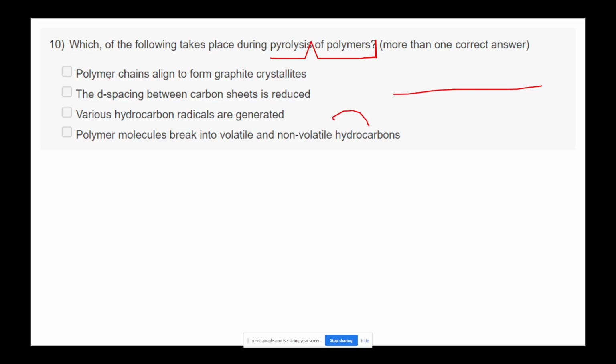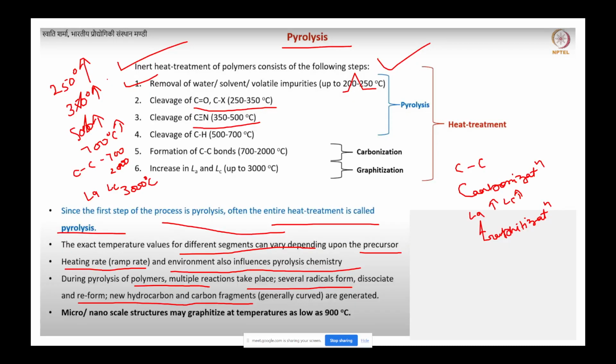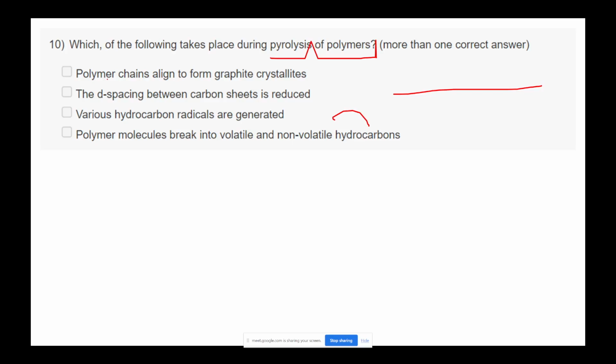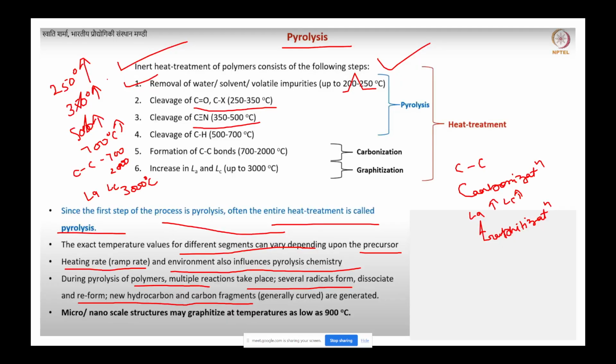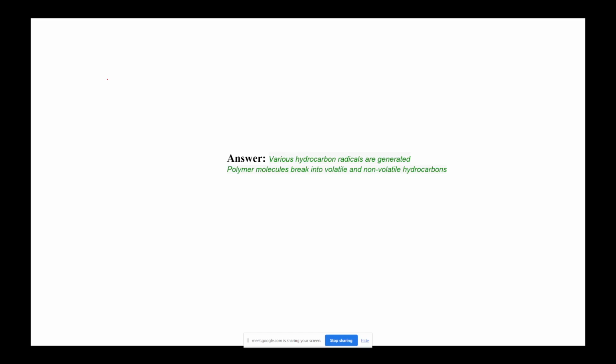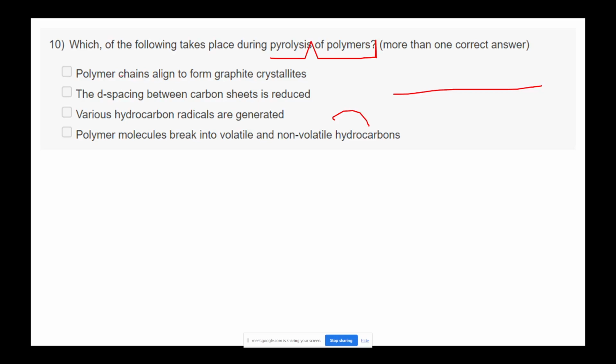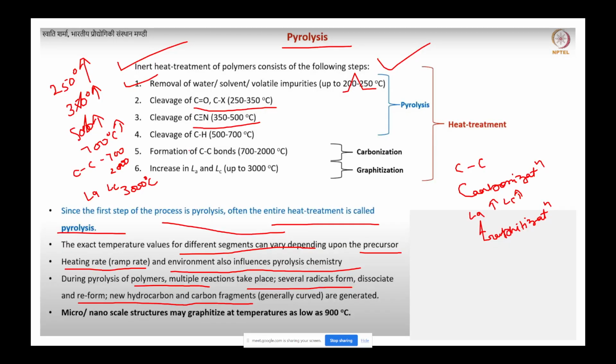You can see various hydrocarbon radicals are generated, and polymer molecules break into volatile and non-volatile hydrocarbons.